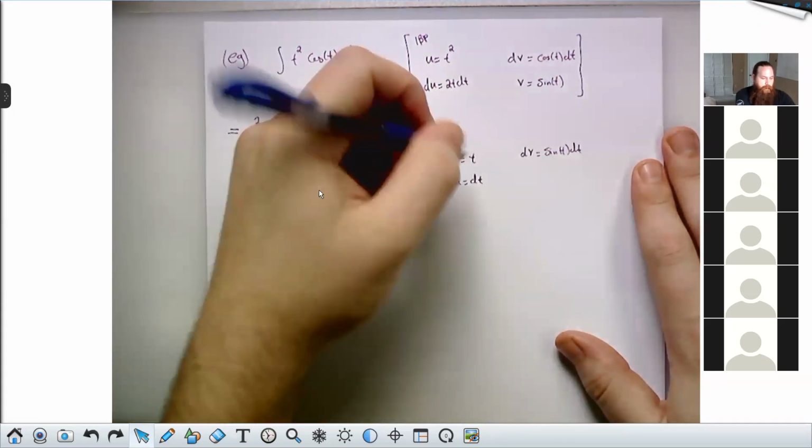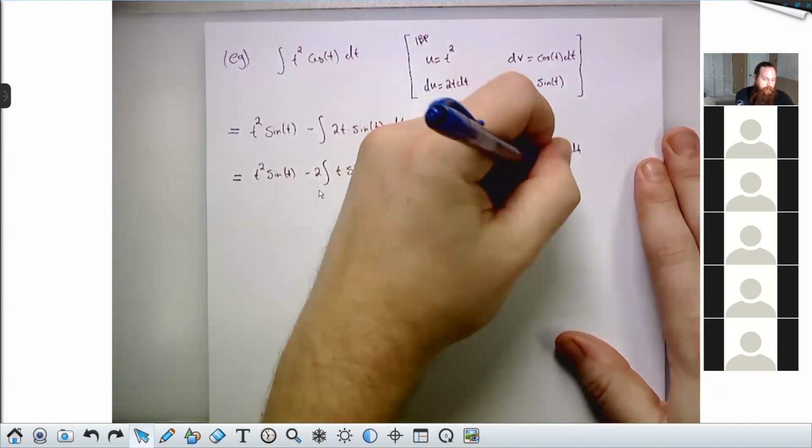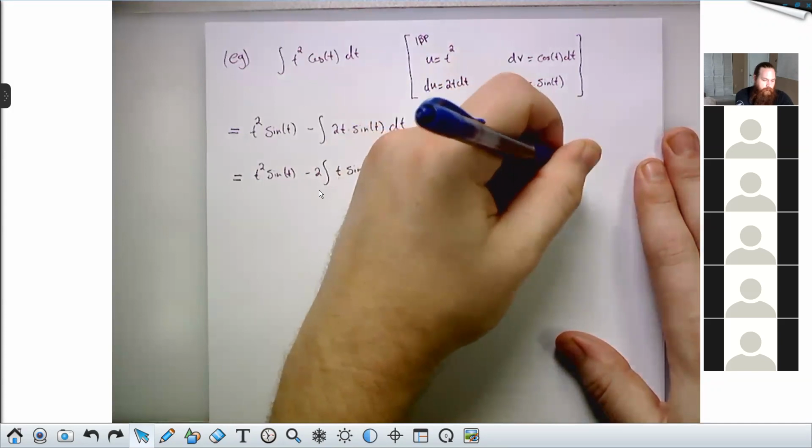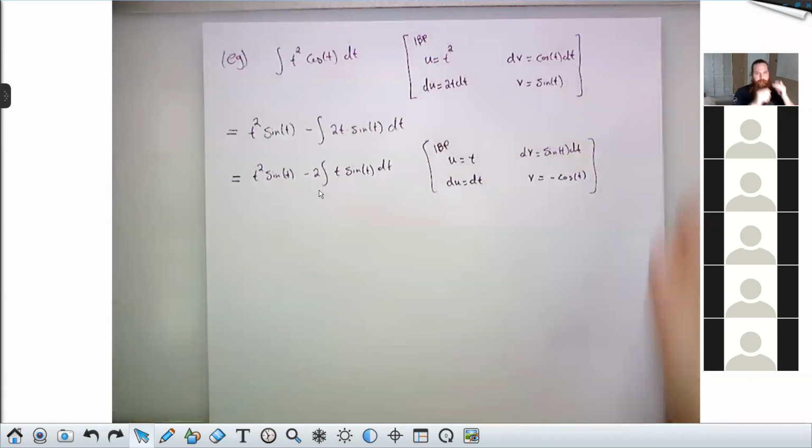Then I'll complete my table. du is just dt. v here would be the integral of sine t, that's negative cos t. And then I replace just this piece by the IBP formula.